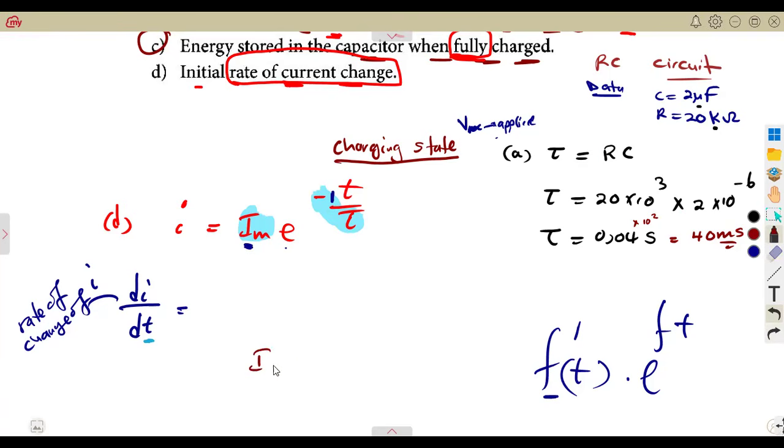So it's going to be Im times, you drop the exponent affecting t, which is minus 1 over tau. So this is going to give us minus, if you multiply this, minus Im over 1 times tau, which is tau. So this is what you're going to have, e to the exponent of minus t over tau as it is.